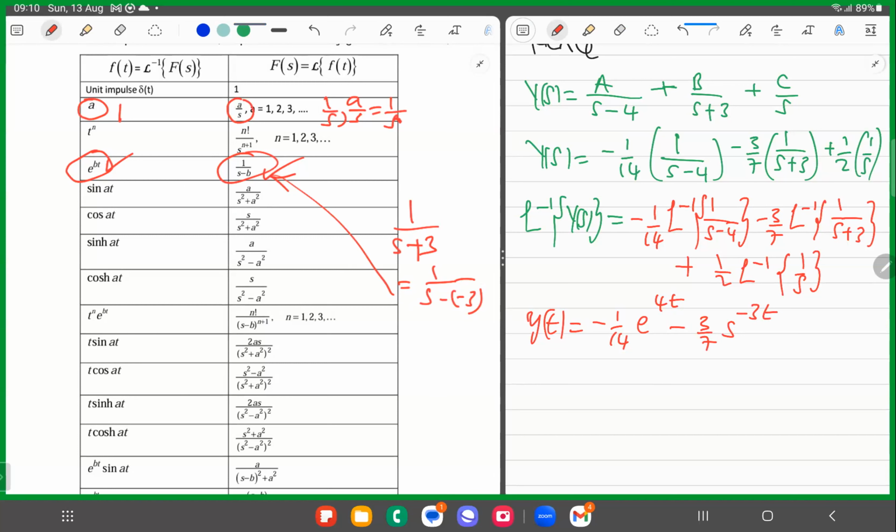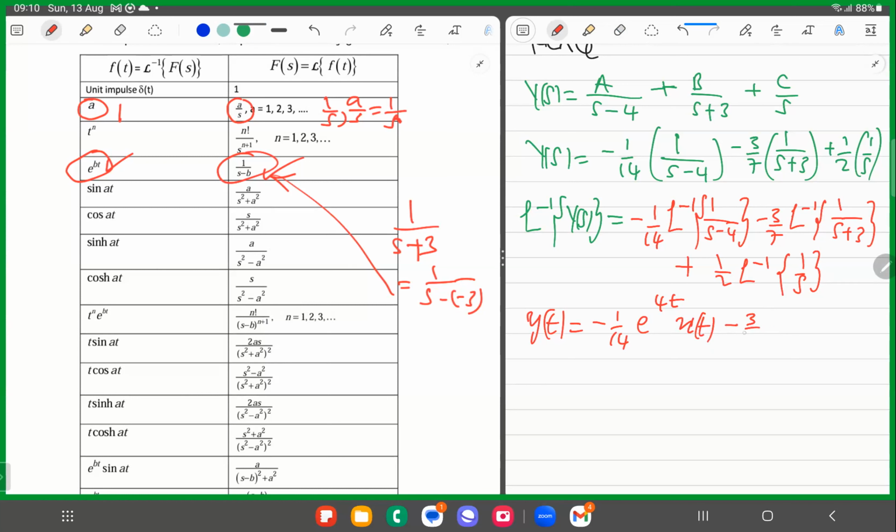Okay, and now I want to add something to this. Let me just add the unit function, the Heaviside unit function.